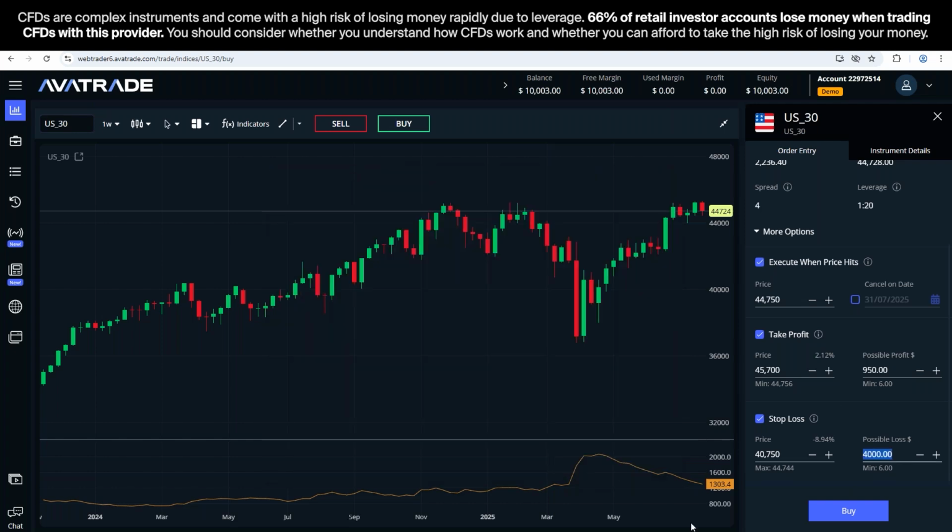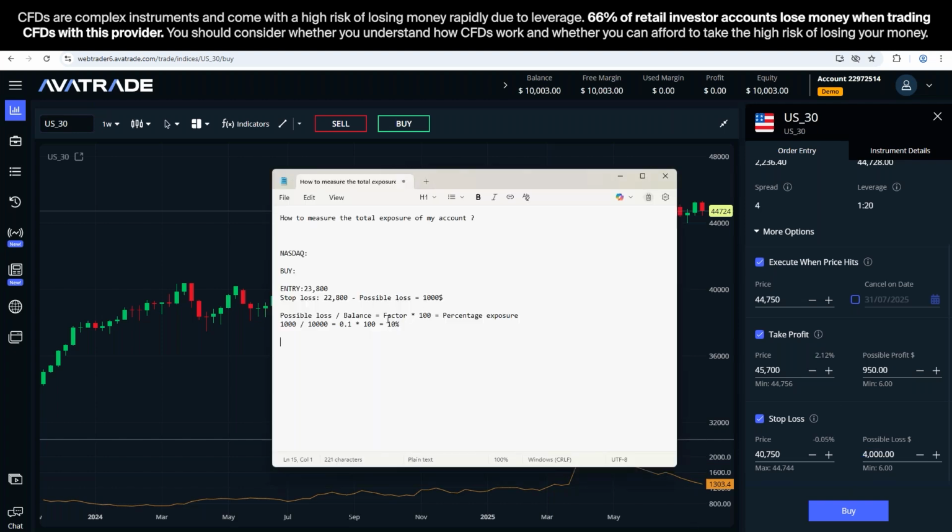So the exposure in this case will not be 10%. It will be 10% for Nasdaq, and another 40% for Dow Jones. So how can I measure the exposure for the whole account?